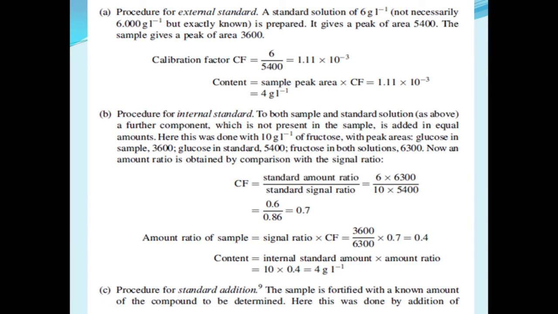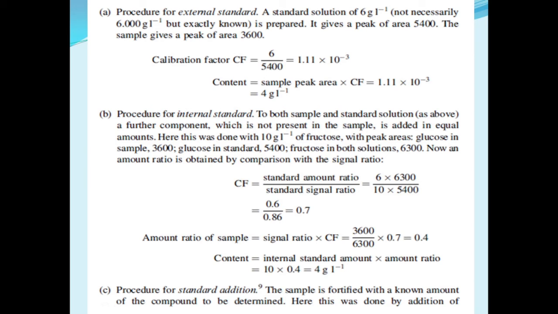Content is equal to sample peak area into calibration factor, which is 3600 into 1.11 into 10 raised to minus 3, equal to 4 gram per liter. This is the first possibility.